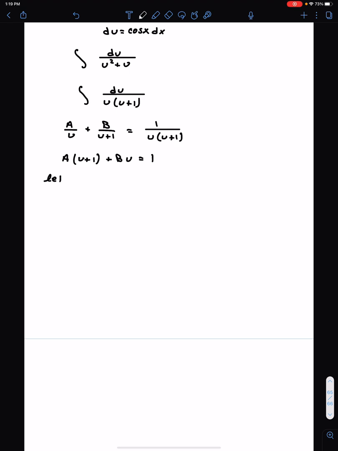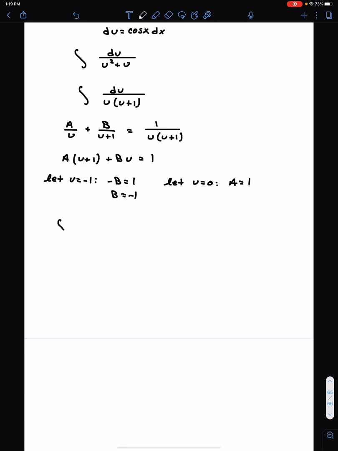If u is negative 1, I have negative b is equal to 1, so b is negative 1. If u is equal to 0, I have a is equal to 1.